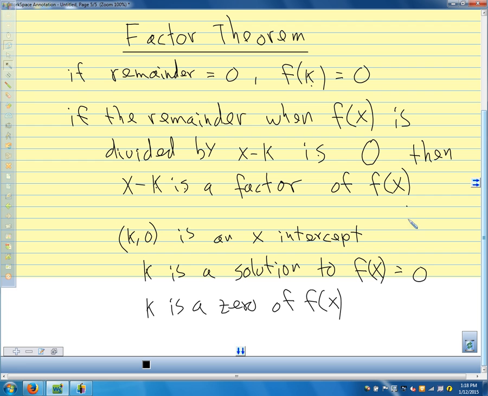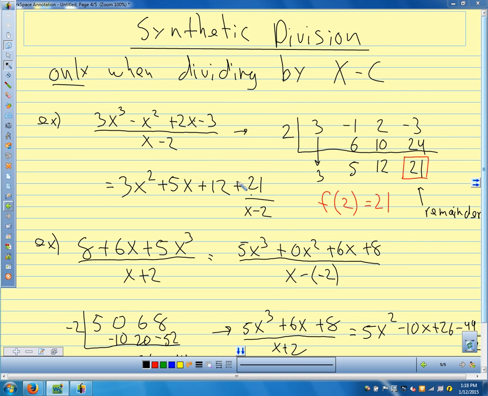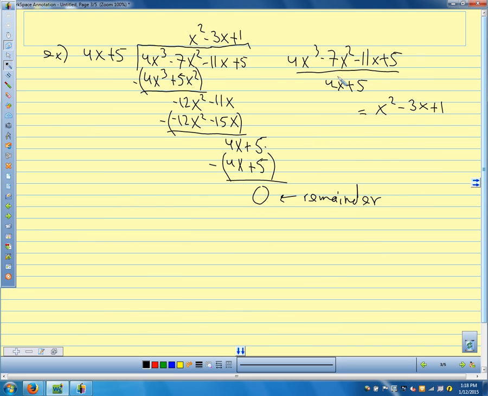And if we factor a cubic polynomial, we go back here, we end up with an x squared minus 3x plus 1. We could then either factor this or use the quadratic formula to find the other zeros of our function. And then we would have all the factors of our original polynomial. We'd have our 3 sets of parentheses that would give us this cubic polynomial.